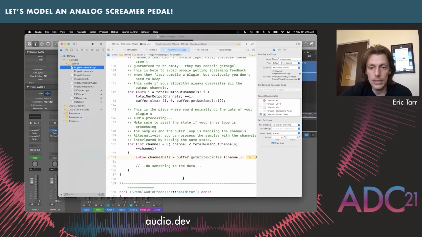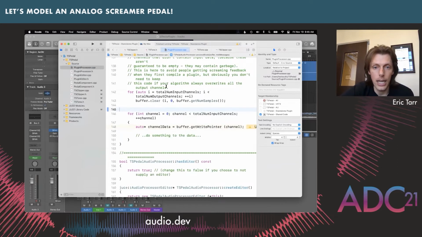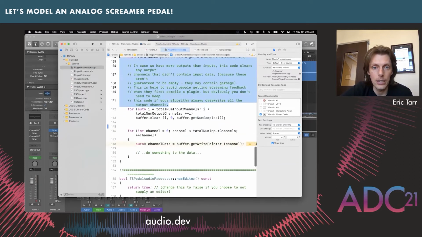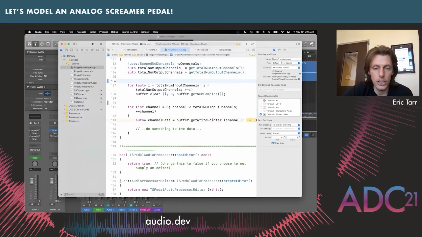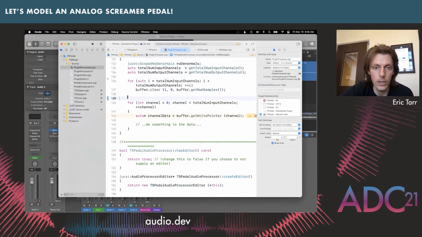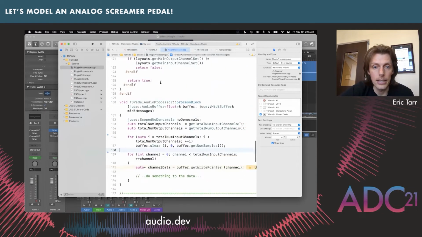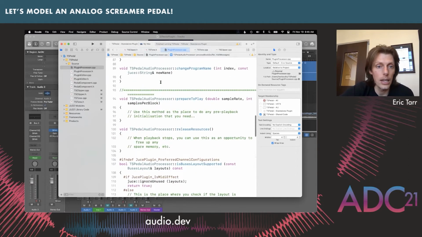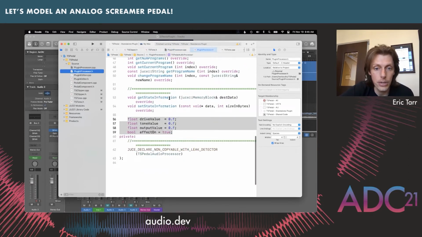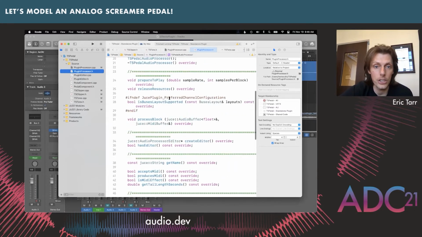So let's go ahead and clean some of this stuff up so that we can get the basic functionality in place for how this is going to work. We should create an instance of our tone section here.